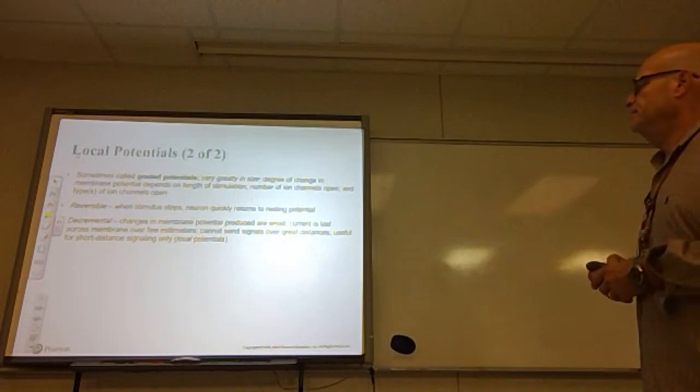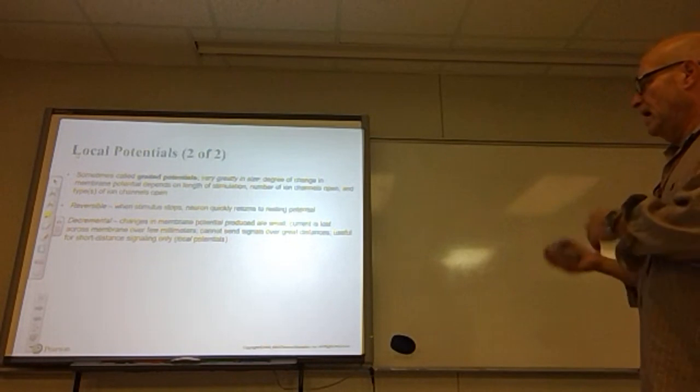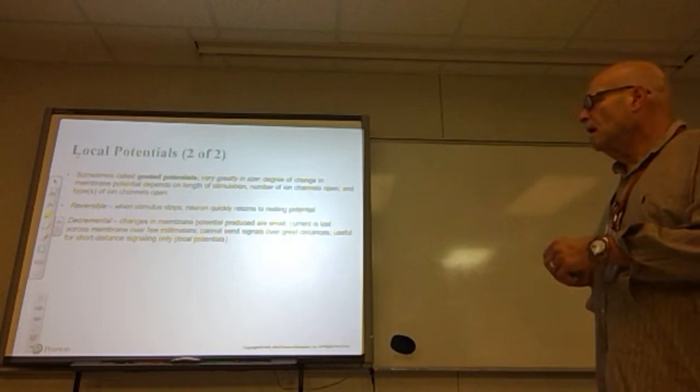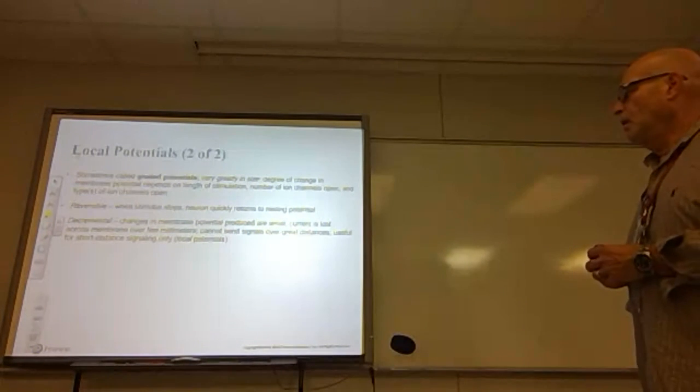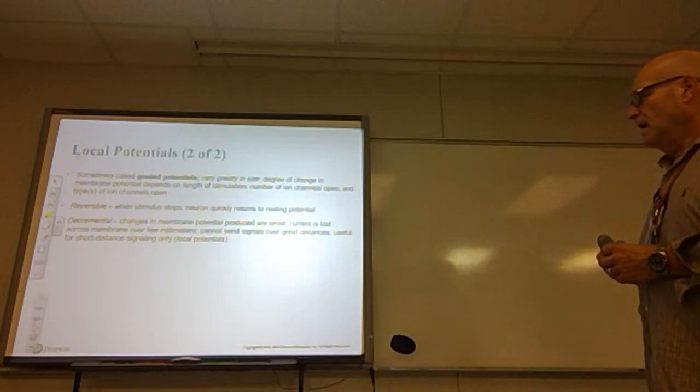They vary greatly in size depending on the degree of change in the membrane potential, the number of ion channels open, and the types of ion channels. These can be reversible. When the stimulus stops, the neuron quickly returns to its resting potential.